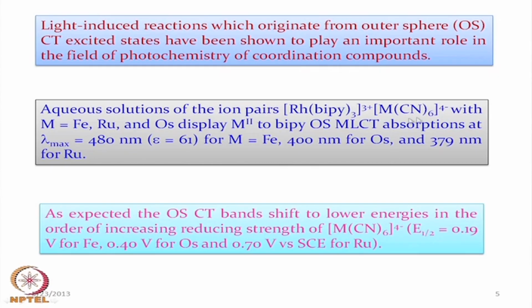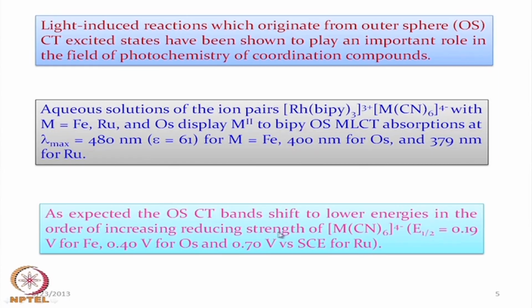So if this M(CN)6 4 minus is present and they have different half wave potentials, if we measure it by cyclic voltammetry, we will find the corresponding half wave potential values. The E half values are varying from 0.19 to 0.70 for iron to osmium to ruthenium. That means the reduction potentials are going more and more to positive values as we move from iron to ruthenium.